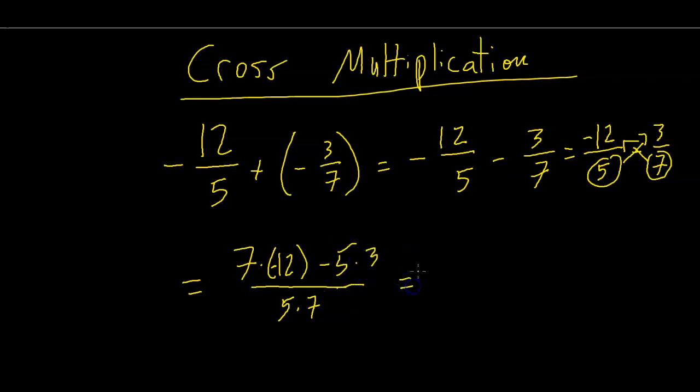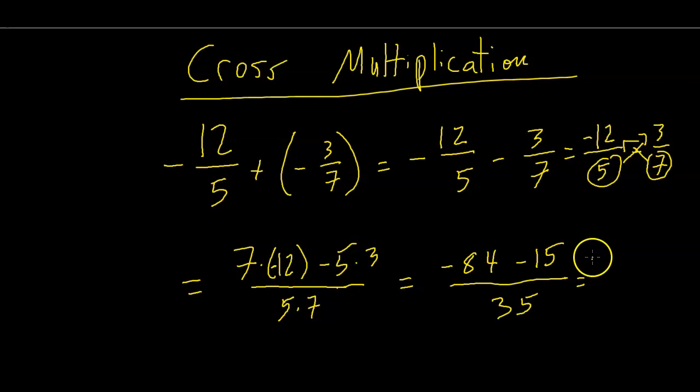All right, so now let's do our arithmetic. 7 times negative 12, that's negative 84, right? Let me double check that. Negative 84, yep. Minus 5 times 3 is minus 15. Over 5 times 7 is 35. All right, let's remember what we do if we're starting with a negative number and then subtracting.